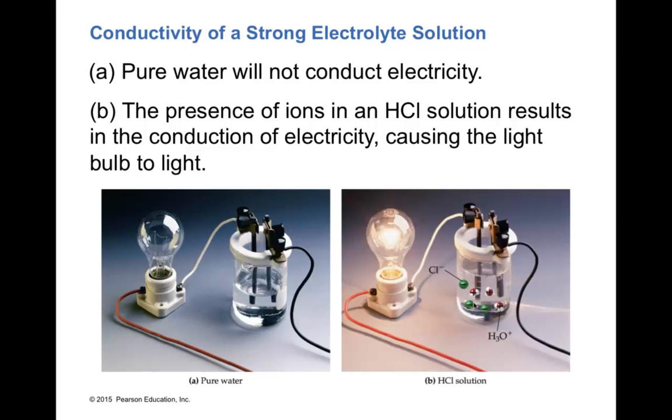But if we add an amount of HCl to the water, remember that HCl is a strong acid, it will be dissociated, and because it will be dissociated, it will create ions, and those ions are particles with charges that help the transfer of electrons, inducing the bulb to light. So when we have a solution with ions, that will help to light the bulb. Strong electrolytes will help to light the bulb.